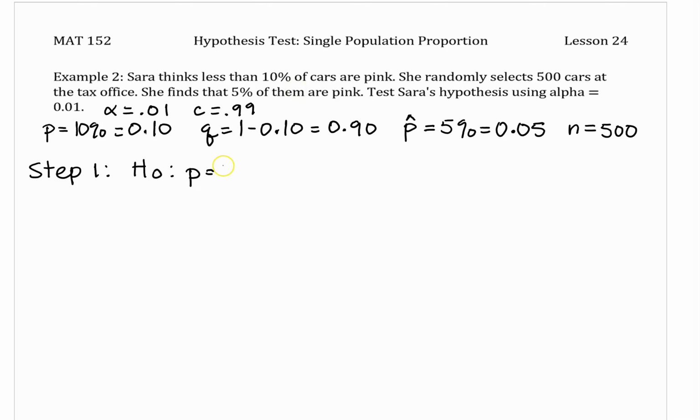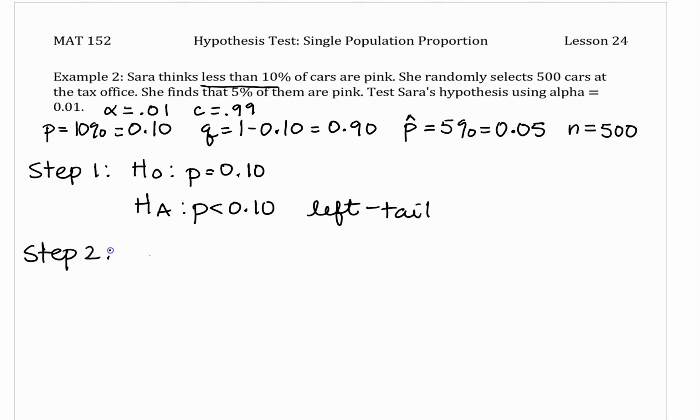So our null hypothesis is that p is equal to 0.10. Our alternative hypothesis, Sarah thinks that less than 10% of cars are pink. So less than 0.10. So that is our alternative hypothesis. That automatically tells us that this is a left tail test. We'll need that information when we get down to step 3.